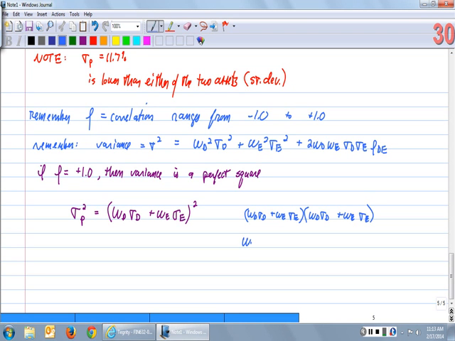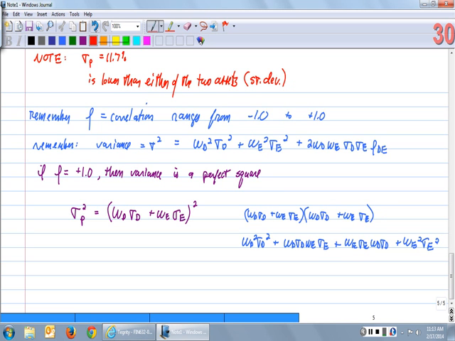That's going to give us WD squared sigma D squared plus WD sigma D WE sigma E, plus WE sigma E WD sigma D, plus WE squared sigma E squared.